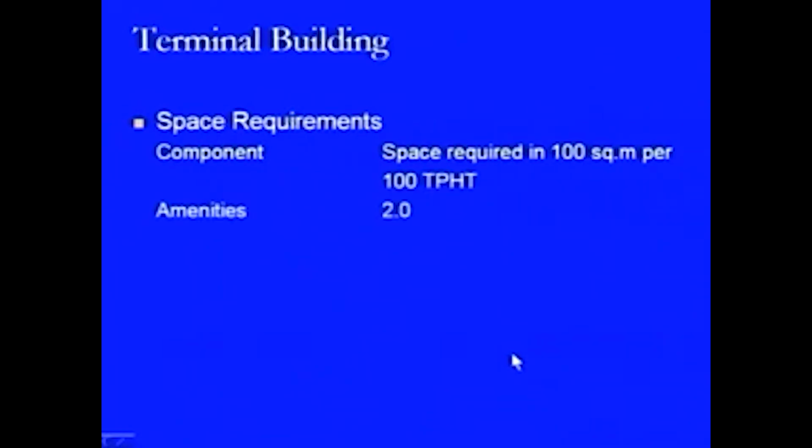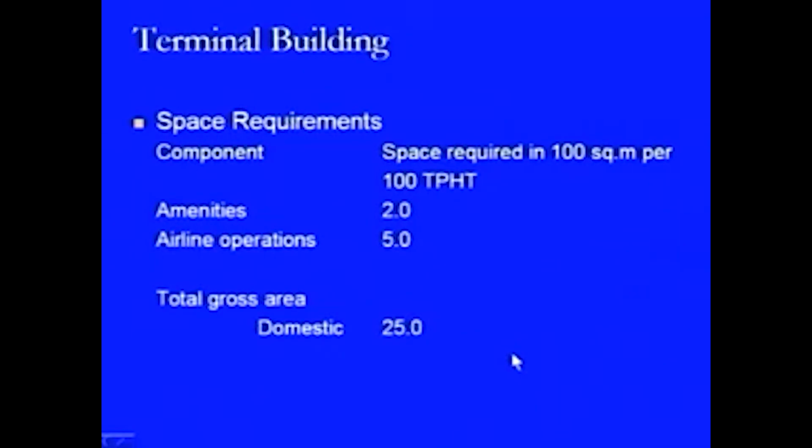Further, we have some more components, like for amenities it is 2.0, for airline operations it is 5.0, and if we look at the total gross area, then in the case of domestic airport systems it comes out to be 25.0, whereas in the case of international it comes out to be 30.0, and that is what we have seen in the very starting. So, this is what is all about the terminal areas and the terminal buildings and the various facilities which are provided in any of the terminal area or the building.